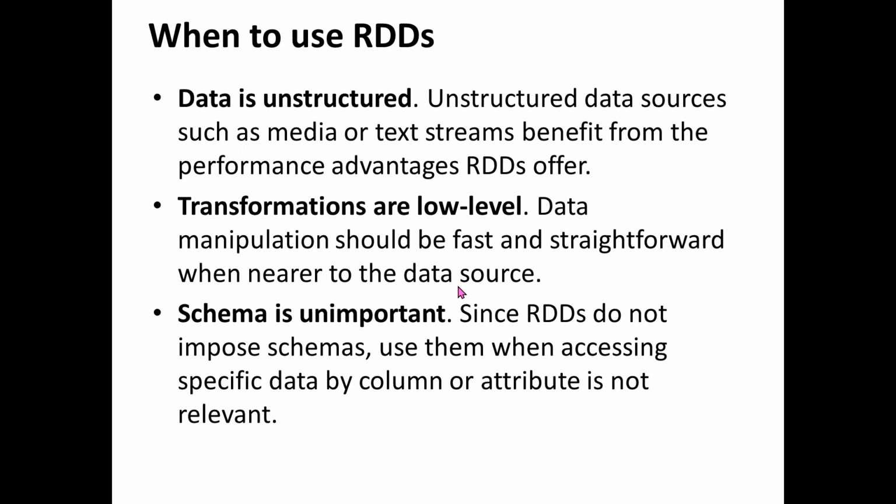So now here the schema is not important. We don't know what schema it is, whether it is an ID, whether it is a name, whether it is a string, whether it is an integer, doesn't matter. The schema is very least important here, right? And also the transformations are very low level, right?